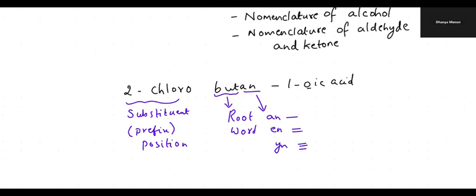Then oic acid tells you about the functional group that is present in position 1. This functional group is the atom or group of atoms which gives specific properties to a compound, and the majority of the reactions take place at this functional group.